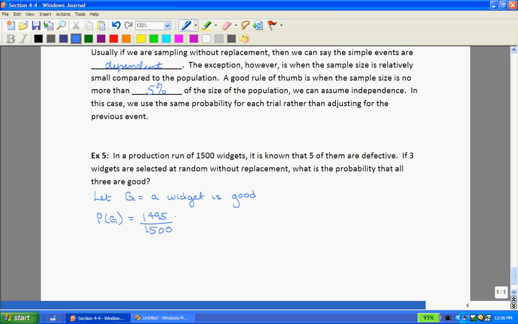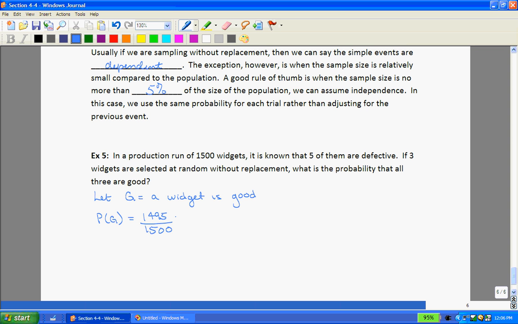Now, truly, we're picking these 3 widgets at random, and we want the probability that all 3 are good. Yes, these are technically dependent events because I would take one and keep it, and so then I'd have 1,499 to choose from, and I'd have 1,494 that are good.